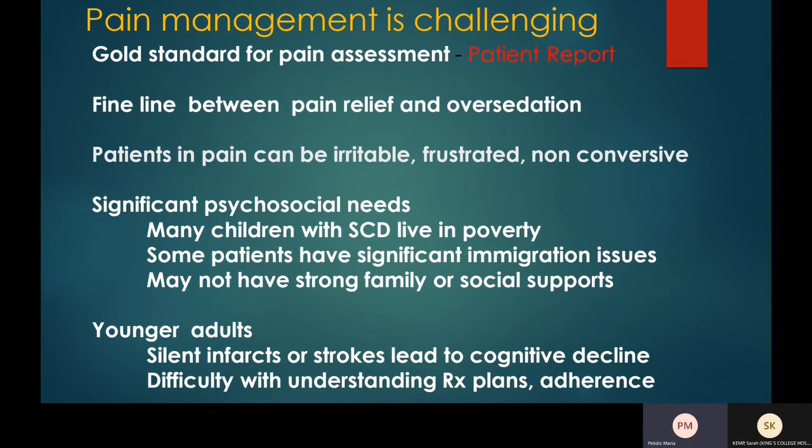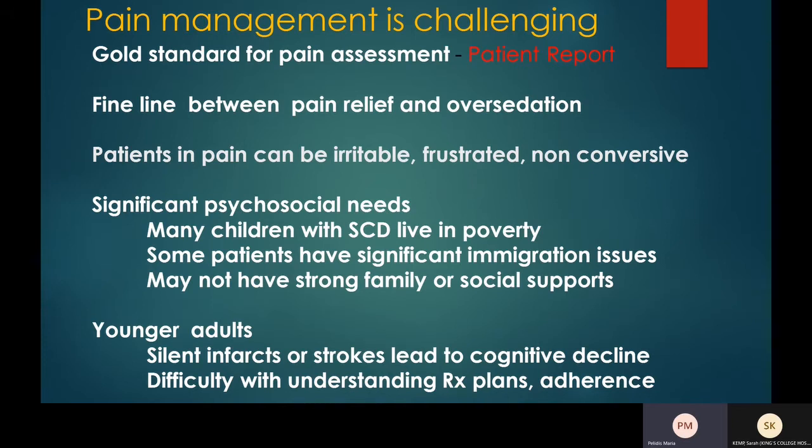And additionally, this group of patients often has many psychosocial needs. Many children with sickle cell disease live in poverty. Some of the housing is overcrowded. It's not adequately heated. It's very damp, and all these conditions exacerbate pain crises. Some patients have significant immigration issues and will not attend the hospital until they have significant amounts of pain and require quite a long time before we get this pain under control.